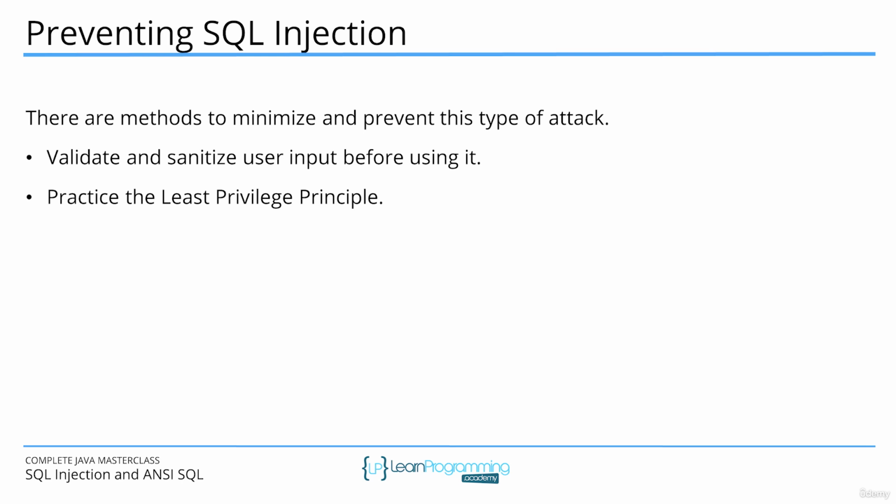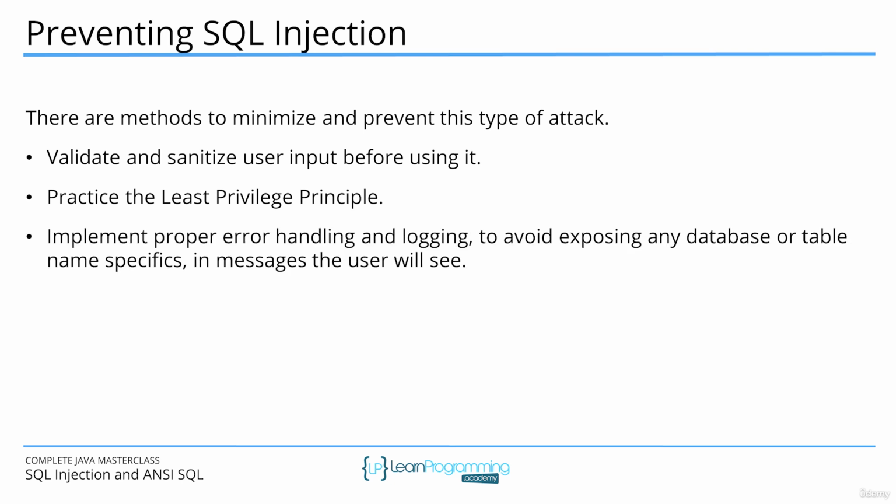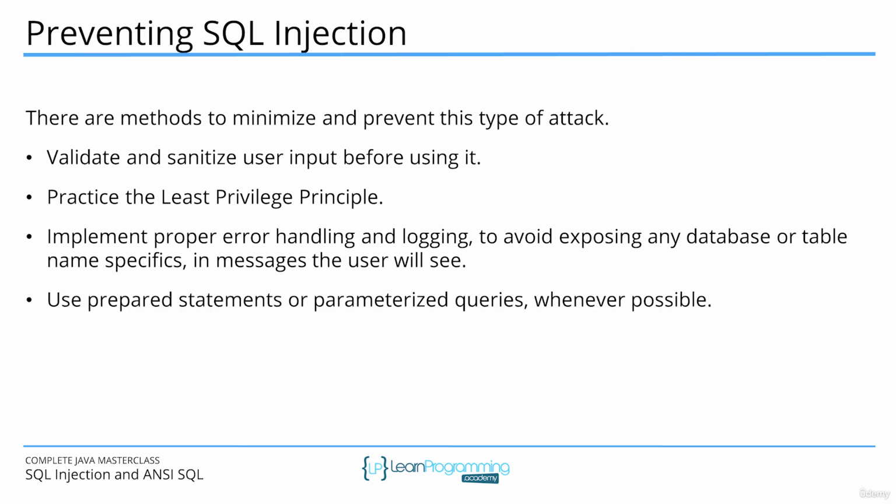In this case, our dev user has very broad privileges and the opportunity to do more damage because of it. You want to implement proper error handling and logging to avoid exposing any database or table name specifics in messages the user will see. Finally, use prepared statements or parameterized queries whenever possible. I'll be covering prepared statements in a later video in this section.